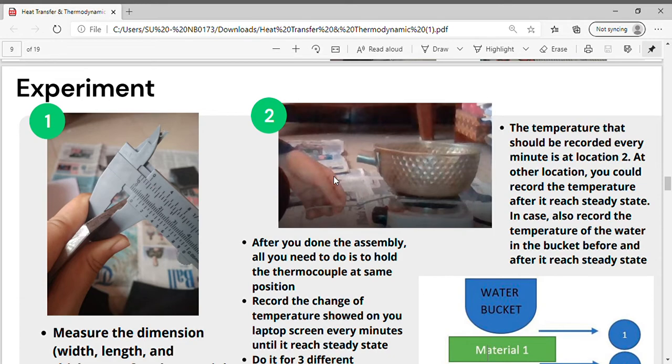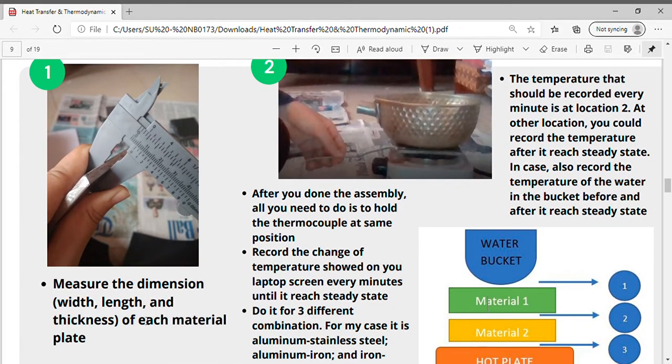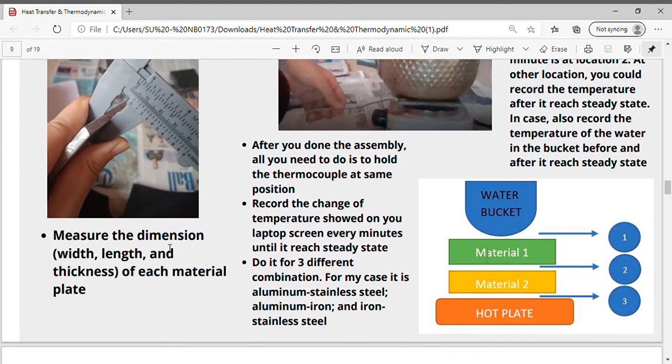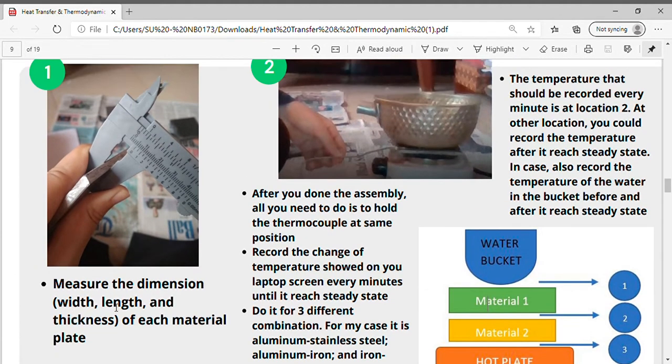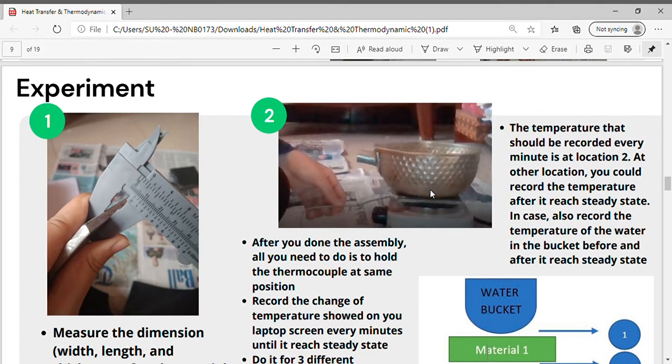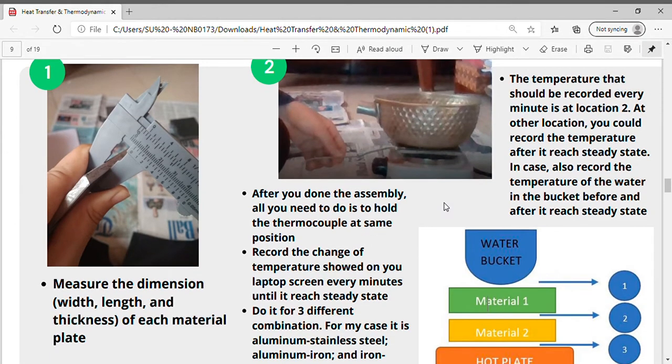So for the experiments that I've done, first I should measure the dimension of each plate. So I measured the width, length, and its thickness using this caliper. And then I did the assembly, and then I held the thermocouple at the same position.